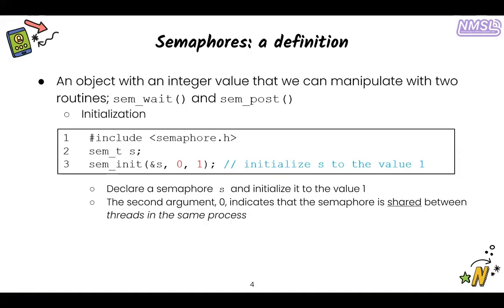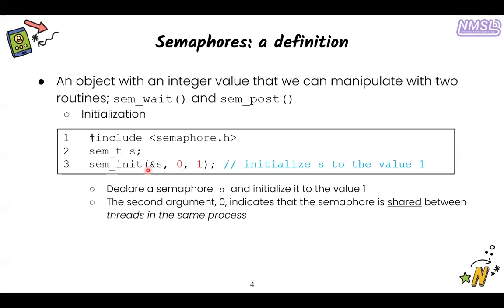So the definition of a semaphore is only an object, really. It has an integer value, and we can manipulate it with two different routines. One is semWait, semaphore wait, and semPost. So we can simply define it as, we include a header, semaphore S, and we need to initialize it.